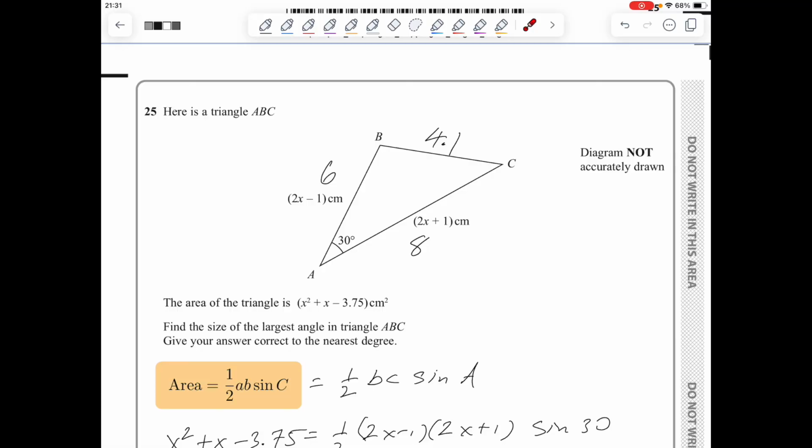And now I need to find the size of the largest angle. Obviously, the largest angle is opposite the largest side, which is angle B. Based on the information that I have, I can use both the sine rule and the cosine rule. I will proceed with the cosine rule, and I'll explain why I prefer it instead of the sine rule.